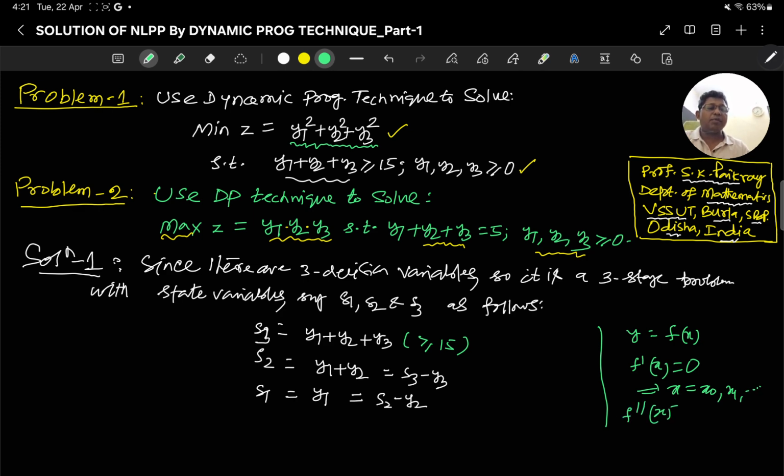If it is negative, it leads to a maximum. If it is positive, it leads to a minimum. So we work on this principle, and we use this technique to solve it.